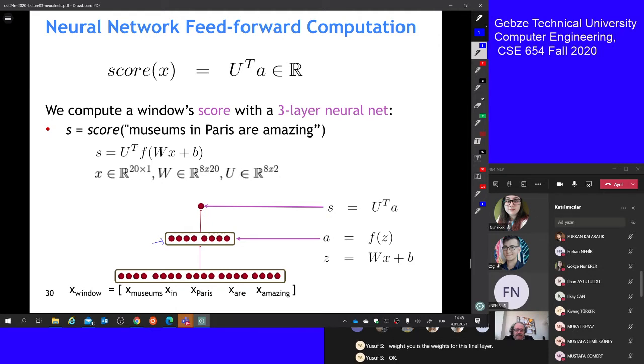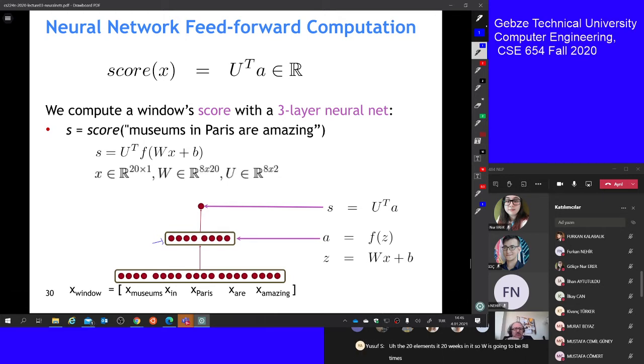So my input is 20-dimensional, like this. What is the size of my W? Since I have 8 neurons, and each neuron will have 20 elements, 20 weights in it, W is going to be R 8 times 20.